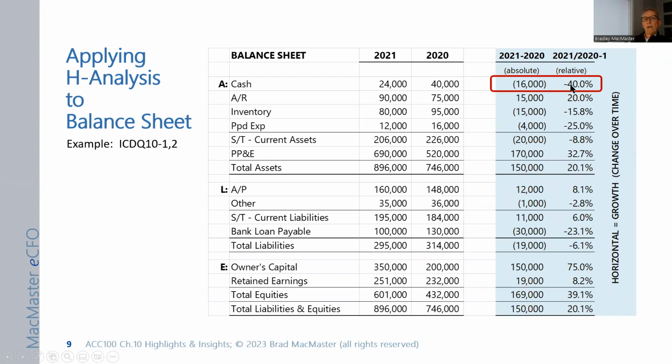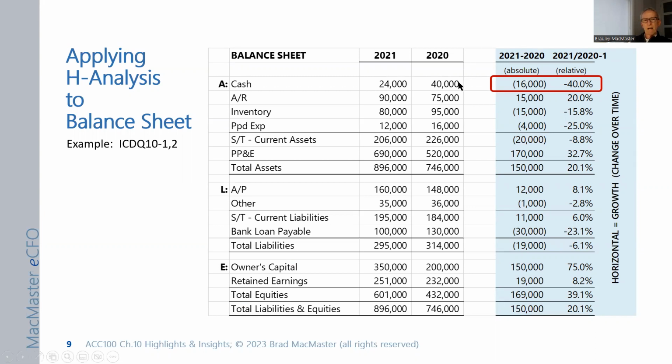All right, so in the horizontal analysis, we're going to compute these numbers exactly the same way we did for each line on the income statement. We calculate the absolute amount by taking the current year and subtracting the previous year, and that gives us a decline of $16,000.